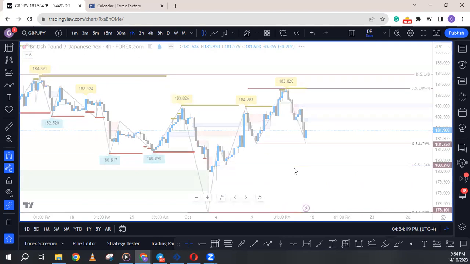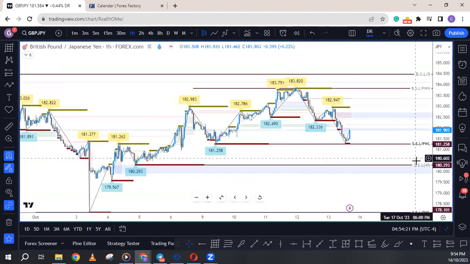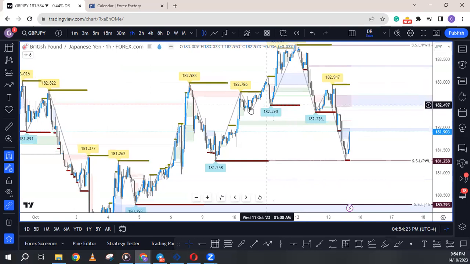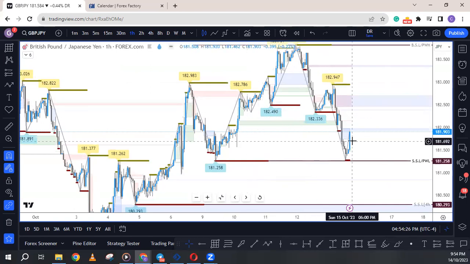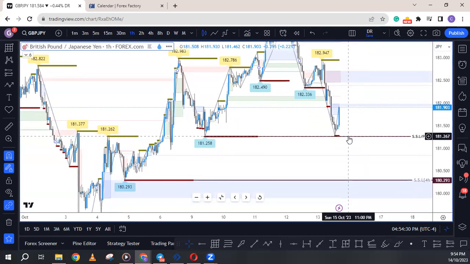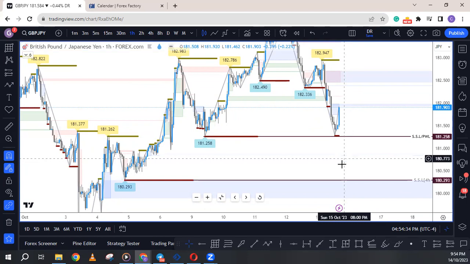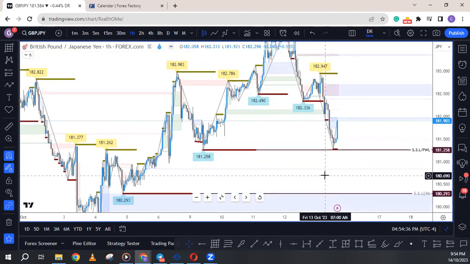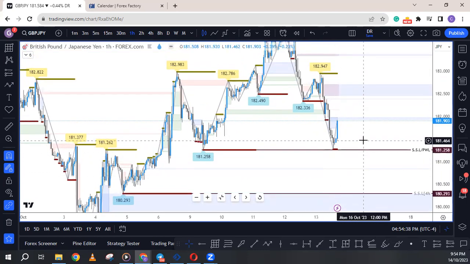Because if you go to the 1 hour, you're going to see what I'm trying to show you. You can see there's a change of character here. So if this rallies into this area and gets rejected, then we might see it sweep here and come down for this low. That's what we're waiting for. It's an either or, depending on what the market does.